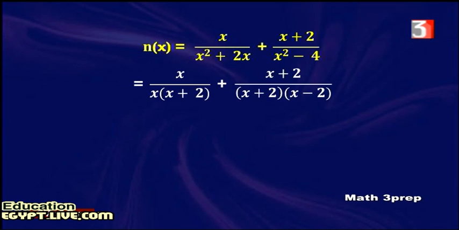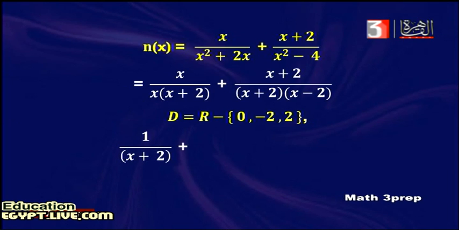The domain of which part? Of all the denominators. So the domain will be R except 0, -2, and 2. Then by reducing x with x, we obtain 1 over x plus 2 plus, by reducing x plus 2 with x plus 2, we obtain 1 over x minus 2.